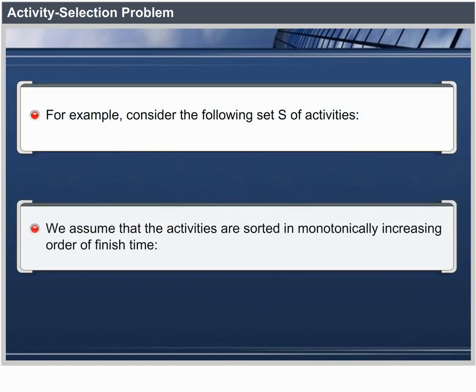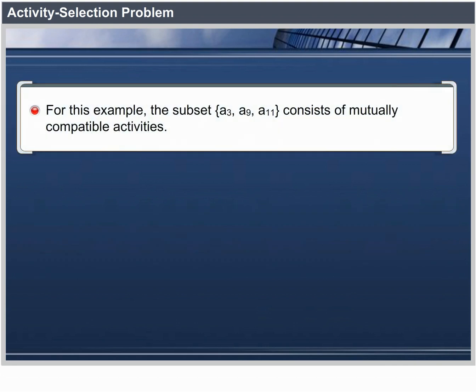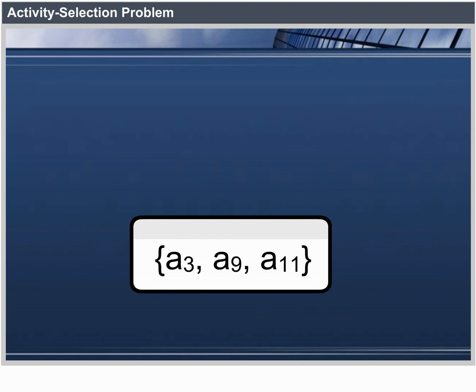For example, consider the following set S of activities, which is shown here. For this example, the subset A3, A9, A11 consists of mutually compatible activities.